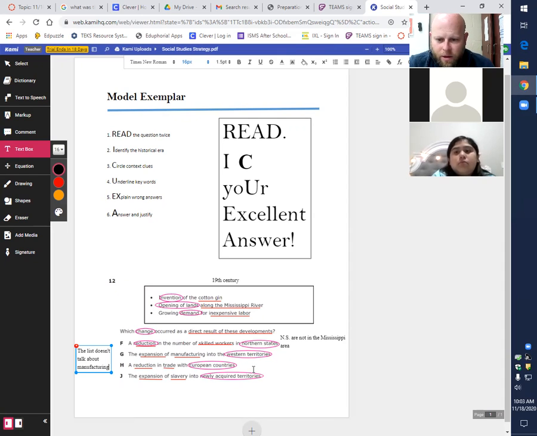The list doesn't talk about manufacturing. It does talk about the cotton gin, but that's not manufacturing. The cotton gin was actually used to pull seeds out of cotton. It wasn't making anything.